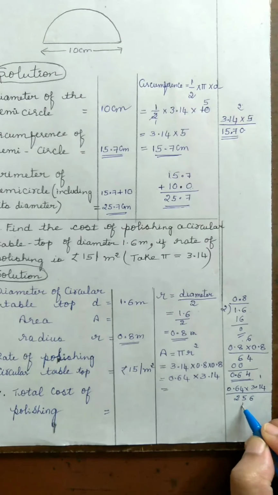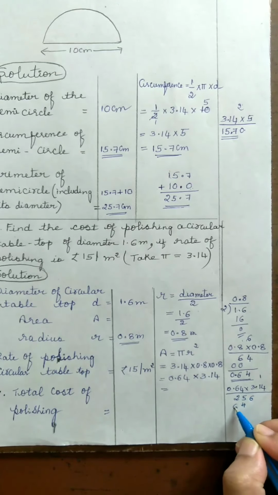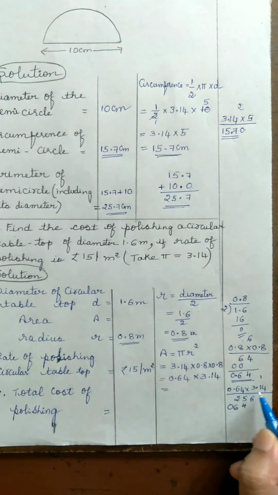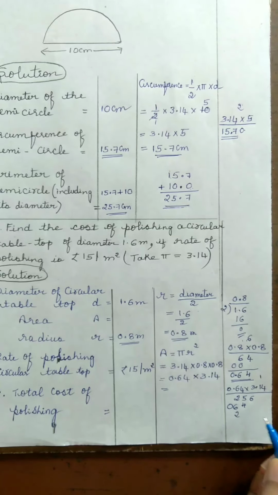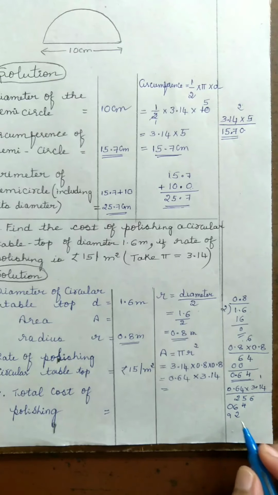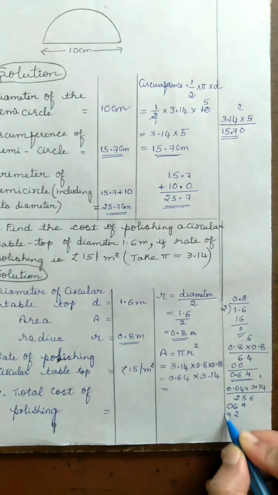Then 1 4s are 4, 1 6 are 6, 1 zeros are 0. Then 3 4s are 12, 1 is remaining, 6 3s are 18, 18 plus 1, 19, 1 is remaining, 3 zeros are 0, 0 plus 1, it is 1.